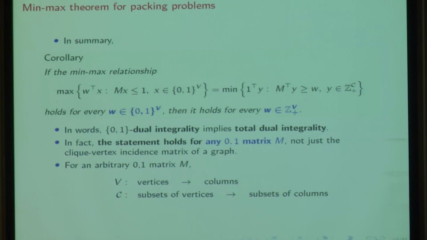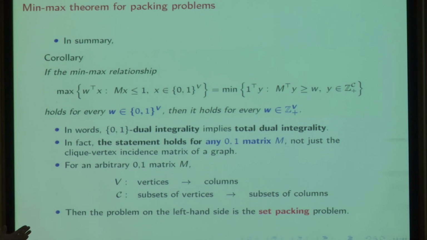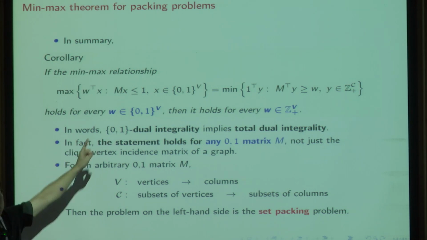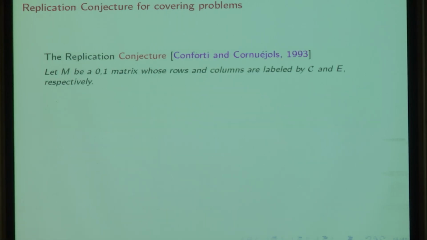All right, and this is for set packing problems again. So you have this Mx at most 1, so you're allowed to pick a certain number of vertices to satisfy this at most 1 constraint. Now we are ready to state this replication conjecture.